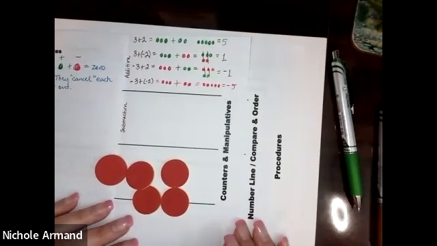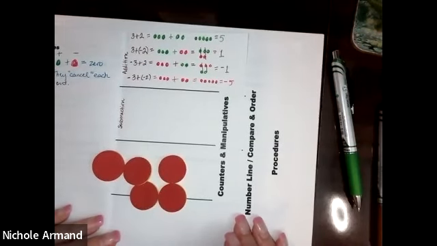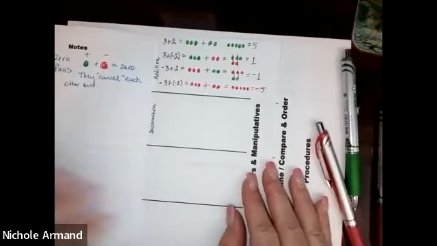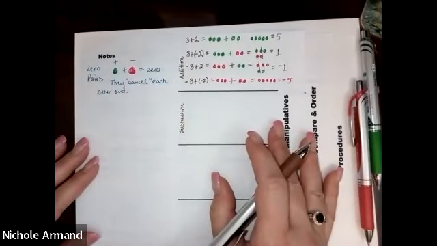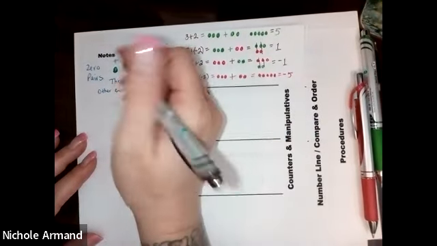Okay, subtraction is a little bit different. Something that we should note about subtraction that might make it easier for your students to understand is that subtraction can be done by adding the opposite.